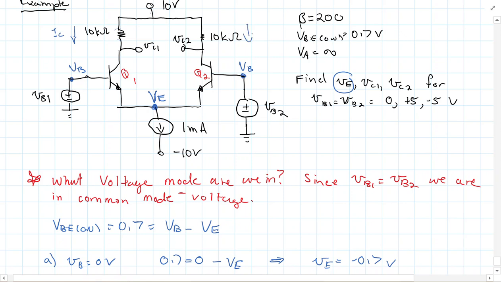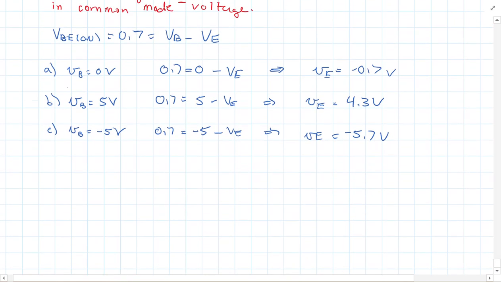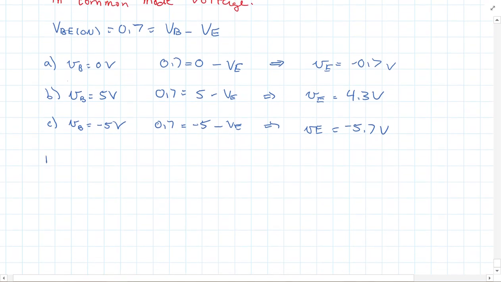It's also the same current going down through there because we're in the common mode. And remember here that IC is basically just IQ over 2, which would be 1 milliamp over 2, 0.5 milliamps.